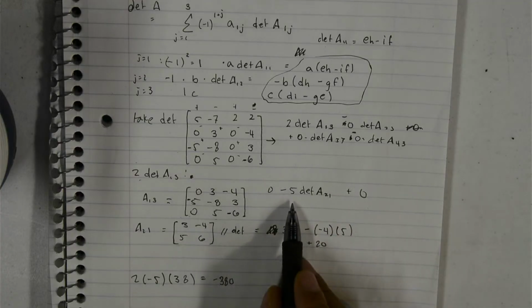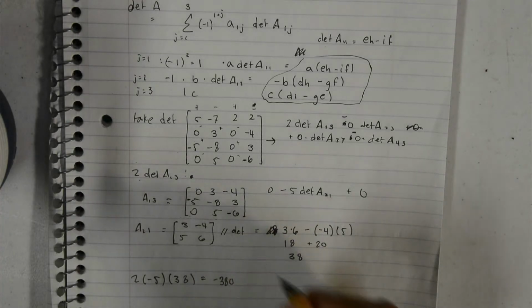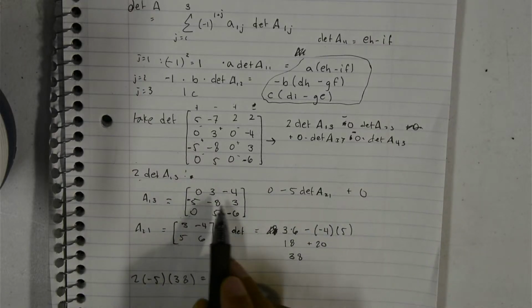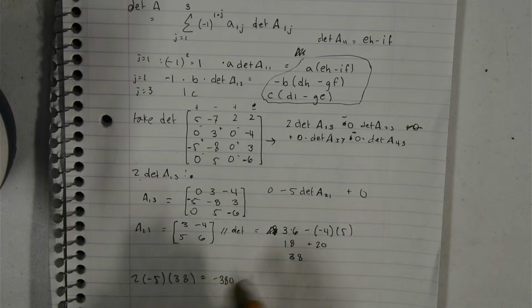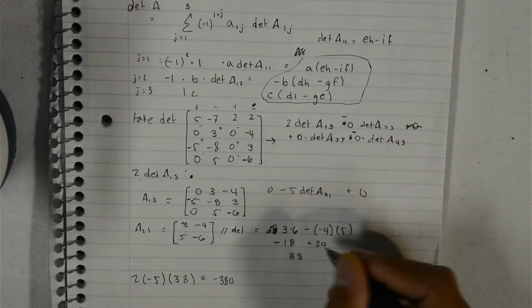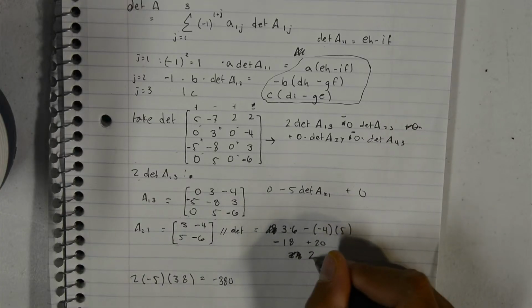So we're going to get minus 5 times the det. So, yeah, 3, 5, minus 4, minus 6. So we should get minus 18 plus 20, which is 2.